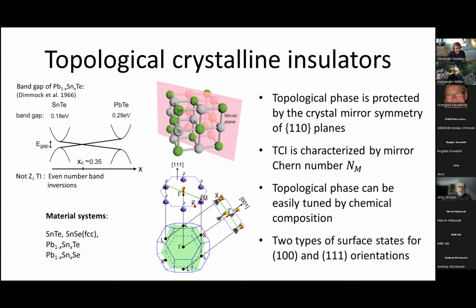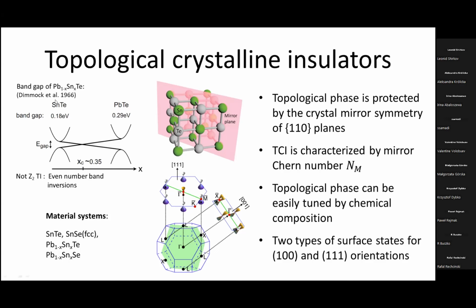So these are cubic crystals where the topological phase is protected by the mirror symmetry of the 110 planes. They are characterized by a different topological number, the mirror Chern number.